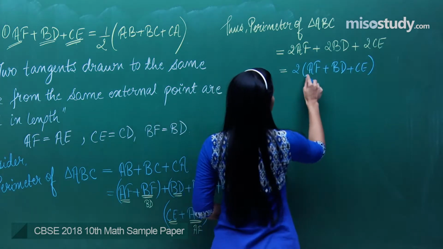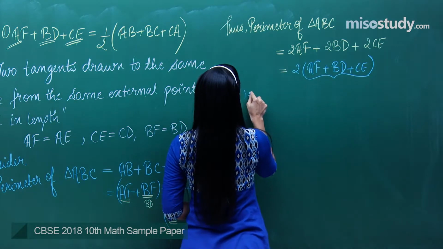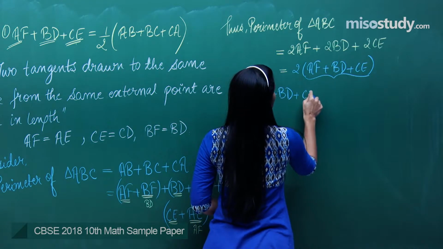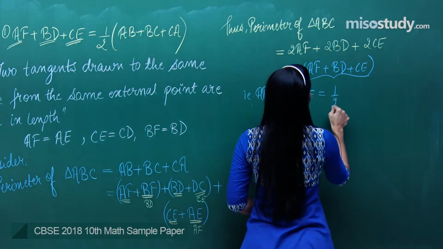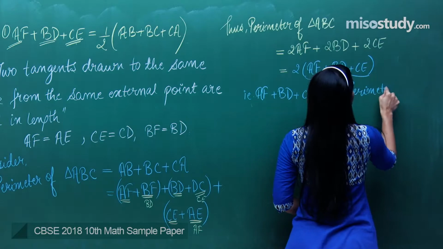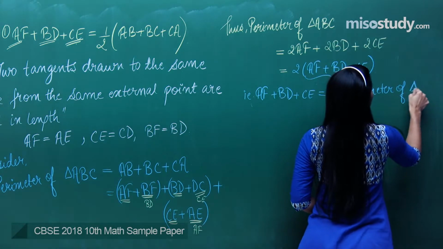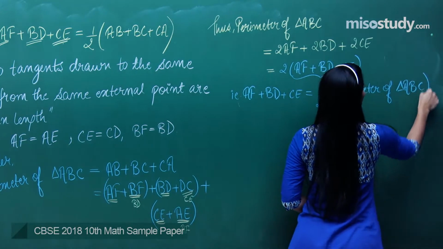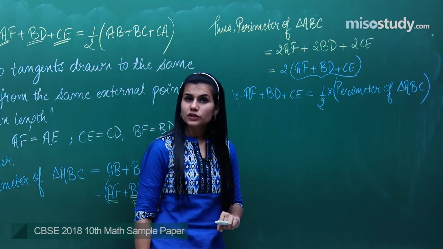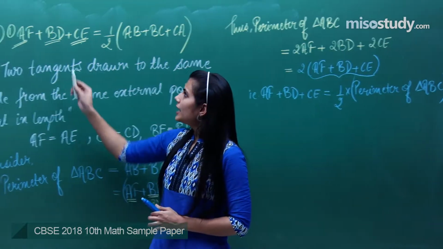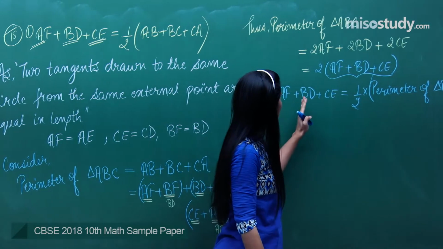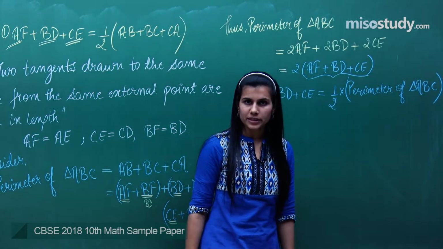Or I can say that AF plus BD plus CE is half of the perimeter of triangle ABC. Wasn't this the only thing which we wished to prove? We had to show AF plus BD plus CE is half of the perimeter. So I have shown AF plus BD plus CE is half of the perimeter.